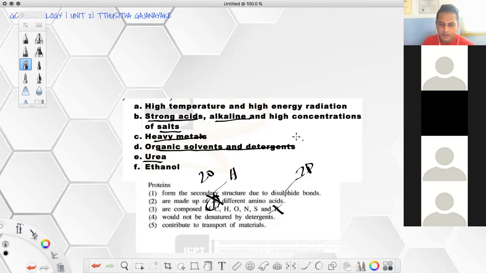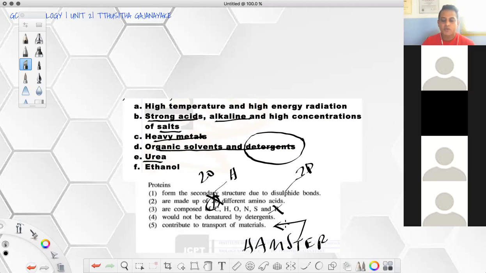And here we learned detergent can still destroy proteins. And we learned previously, remember the hamster? T is for transportation. So protein is important for the transport of material within the blood and also in and out of the cells. So protein is a good transport molecule. The answer is this one.